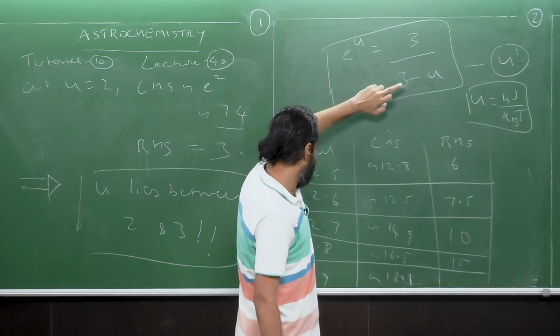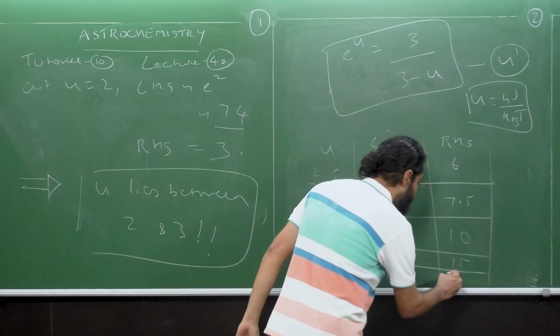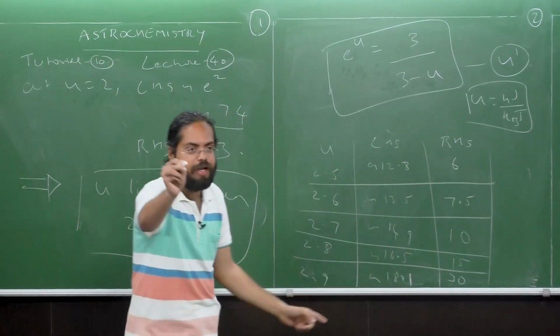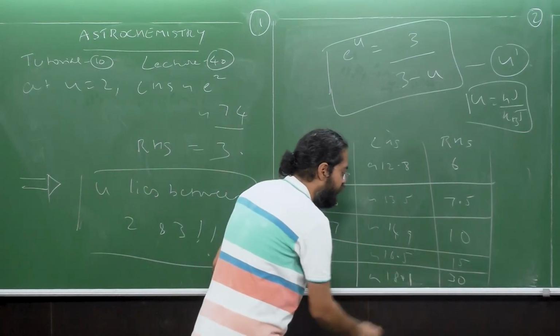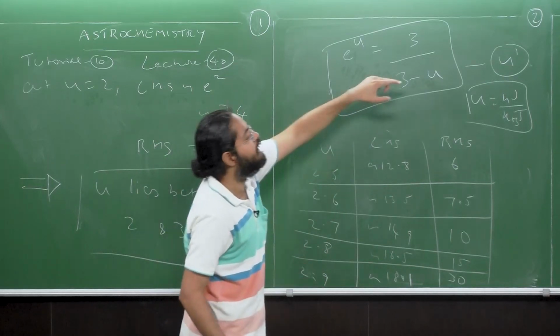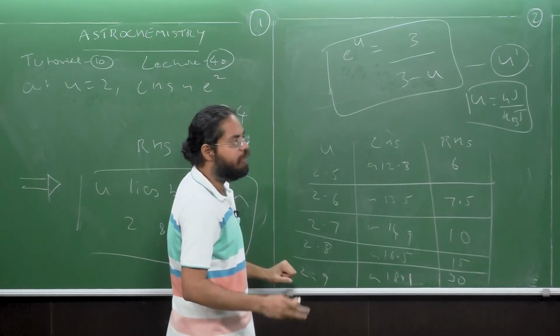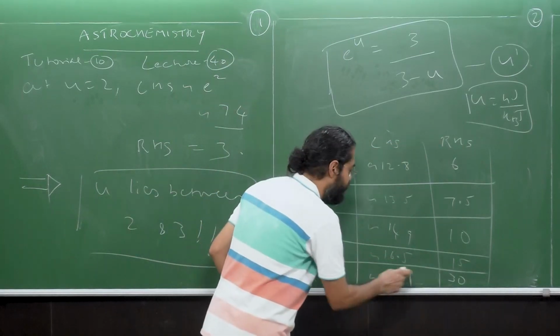So 3 divided by 3 minus 2.9 is 3 divided by 0.1, which is 3 times 10, which is 30. Notice what we have obtained here. There is a change, right? Until U equals 2.8, the LHS was greater than RHS. But at this particular point, the RHS is greater than LHS.